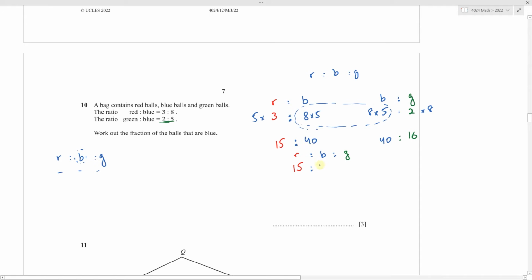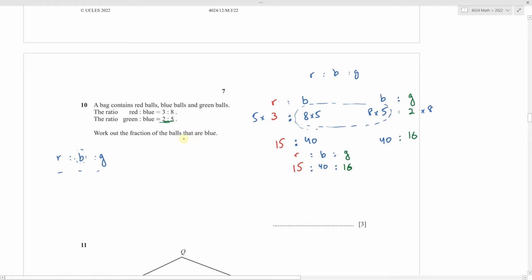Now 15 ratio 40 and then green is 40 ratio 16. So now I have all three, red, blue and green. I have all the three ratios together. So that means if you have 15 red balls in the bag, you will have 40 blue balls and 16 green balls because they are in ratio 15, ratio 40, ratio 16.